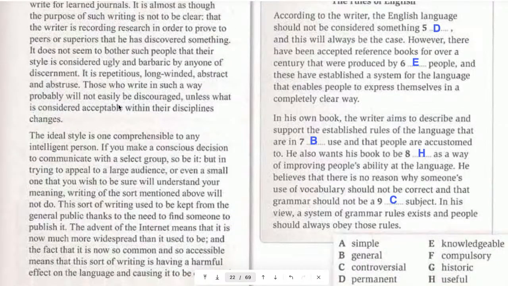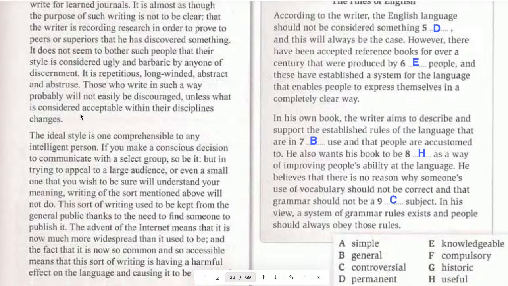Actually, the sentence before that: those who write in such a way probably will not easily be discouraged. That means those academics will not easily be discouraged unless what is considered acceptable within their disciplines changes. So that means they will never change their writing style unless what is considered acceptable within their disciplines changes.